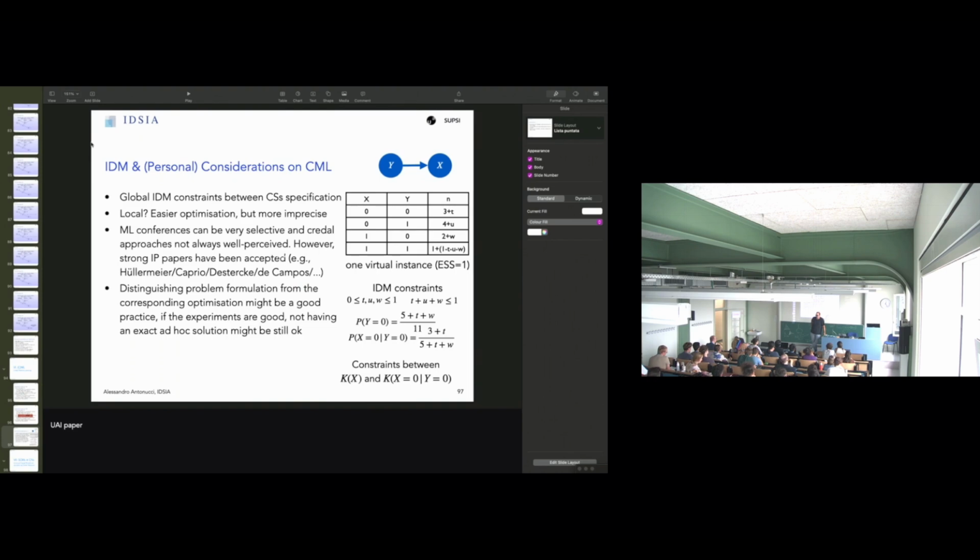For instance, I had a paper at UAI this summer on qualitative constraints with Bayesian networks by relaxation for credal networks. And this paper was accepted at UAI, but we just formulated the problem, the experiments were good, and the solution was based on some standard numerical technique.